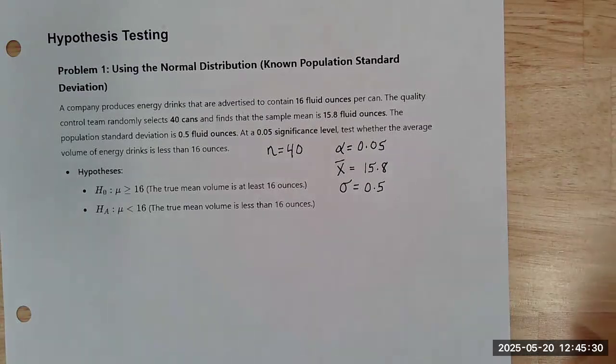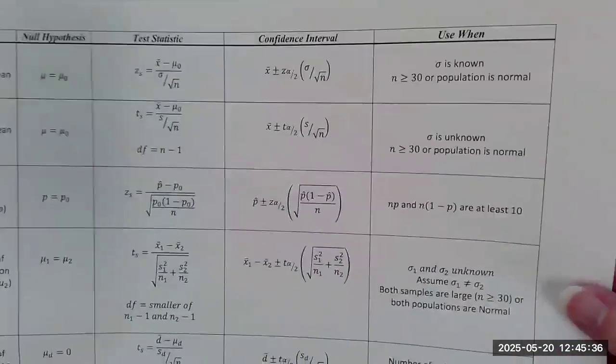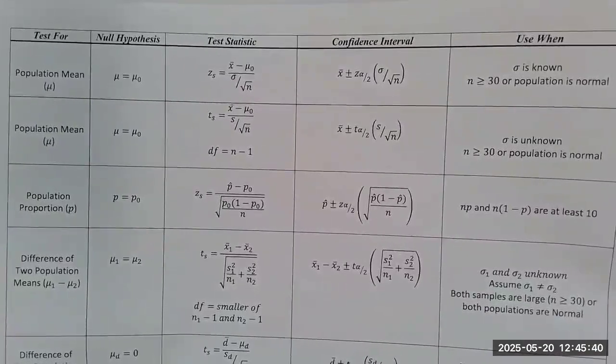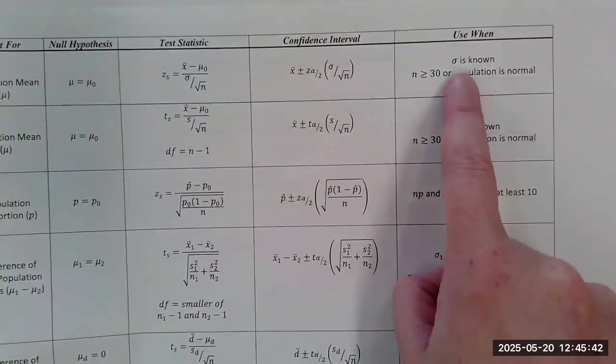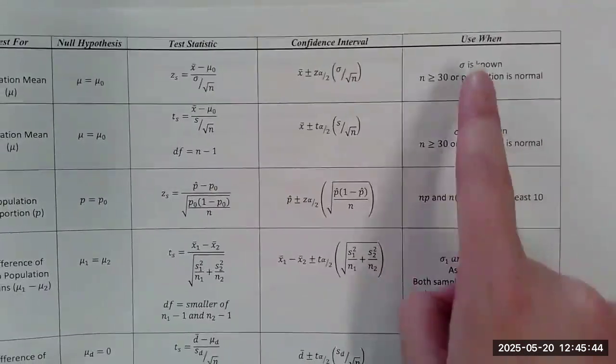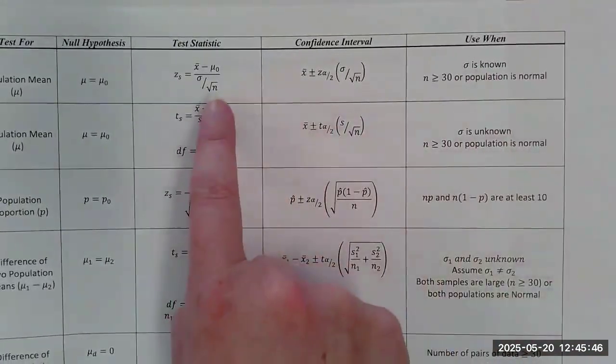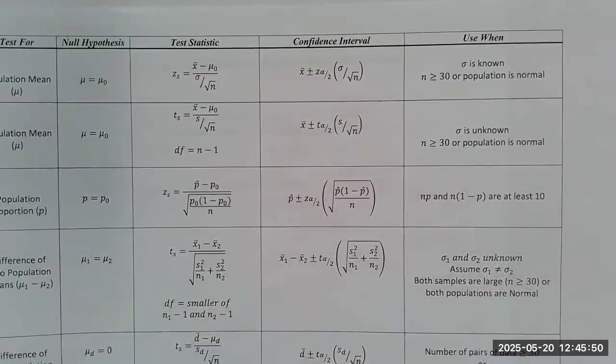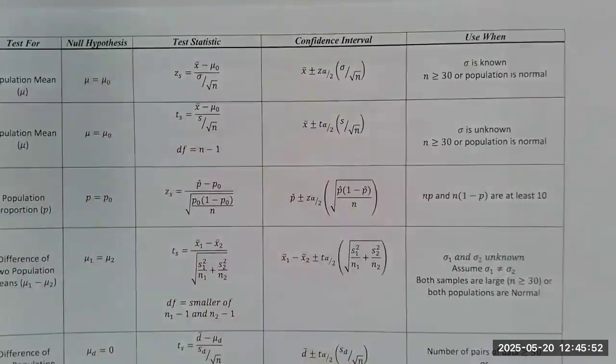So I'm going to go back to the formula sheet that she'll give you for the test. And on the formula sheet, when we have a known sigma, so that's this one right up here, then we're going to be using this test statistic to do our hypothesis test.